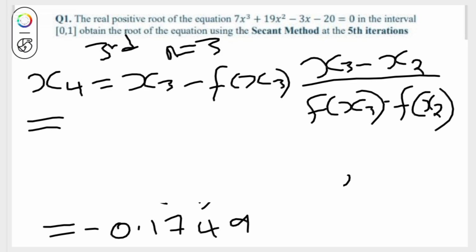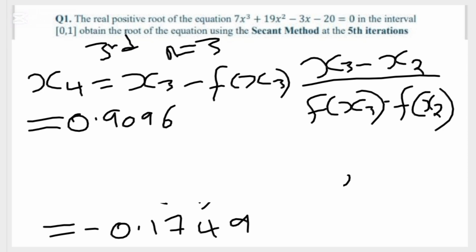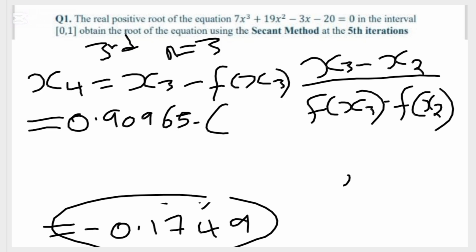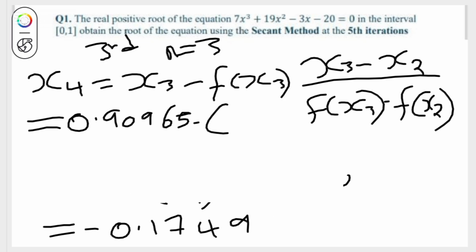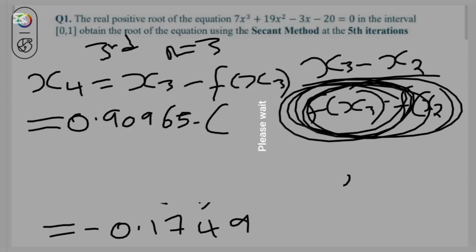If you could remember, the value of the x3 that we found is 0.9406. Then I have to subtract the function of x of 3, which is this 0.179.